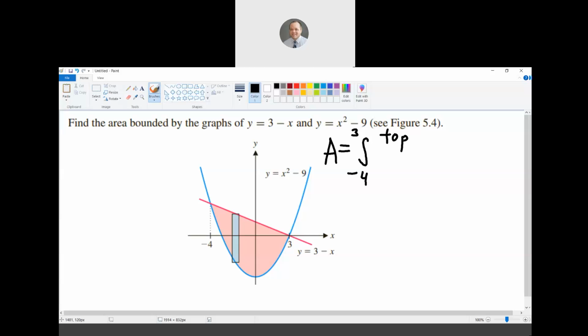Because our functions are given in terms of x, we're going to use the formula top curve minus bottom curve. All right, so according to our graph, the 3 minus x is our top curve, and the x squared minus 9 is our bottom curve.